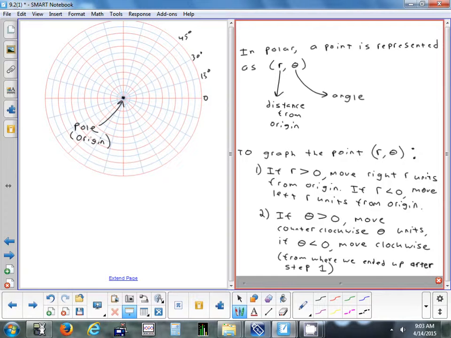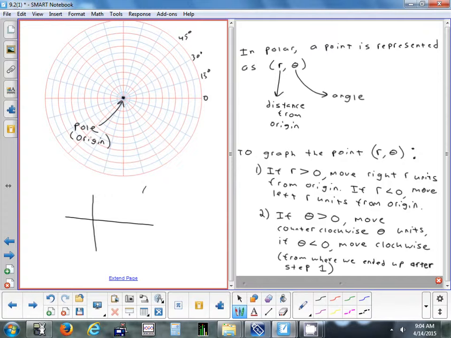The important thing is that you do your movement of theta from where you ended up in step 1. Right? Just like if you were graphing on xy, and I said to graph the point 2, 3. Well, you go right 2, and then you go up 3, starting from here.